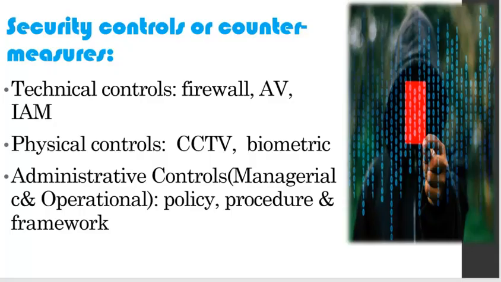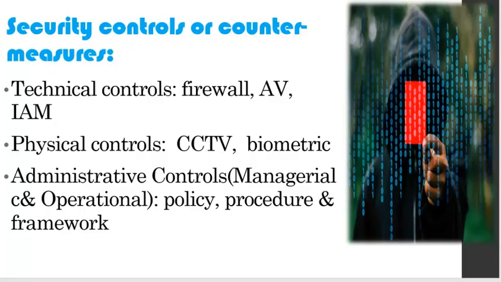That can be in the form of technical control: the firewall, antivirus, identity access control, the WAF, and all such things. These are called technical controls, meaning they protect the asset from a technical perspective. But what if the firewall is in place, but there are human errors, or the procedures and policies are not followed?